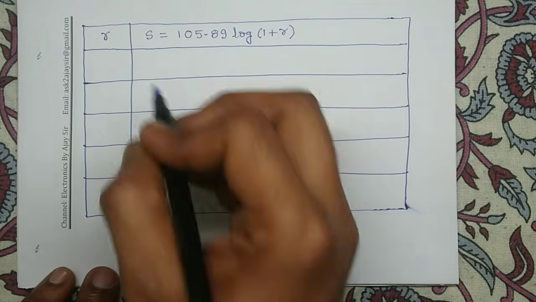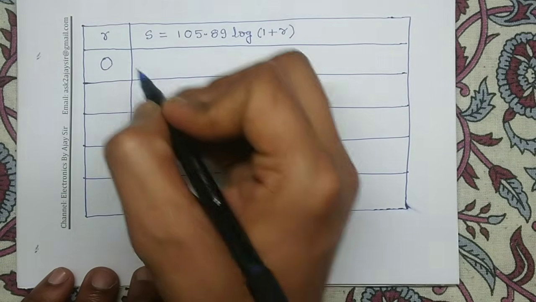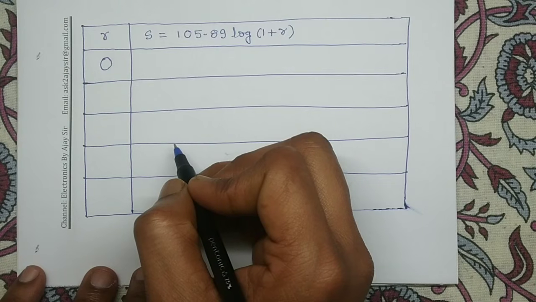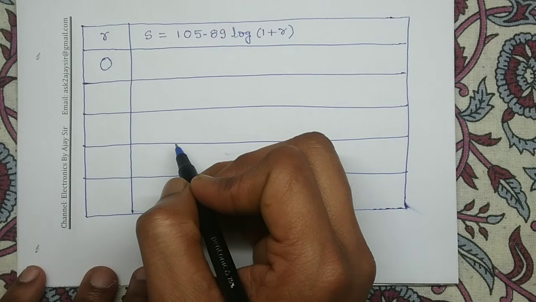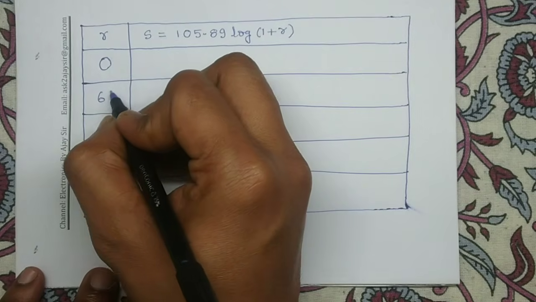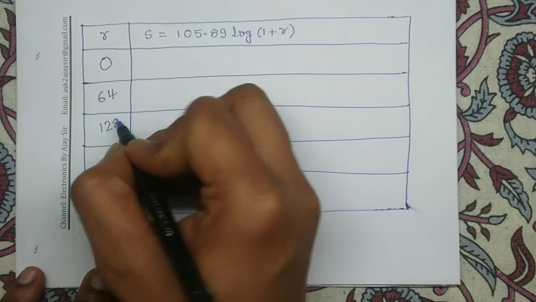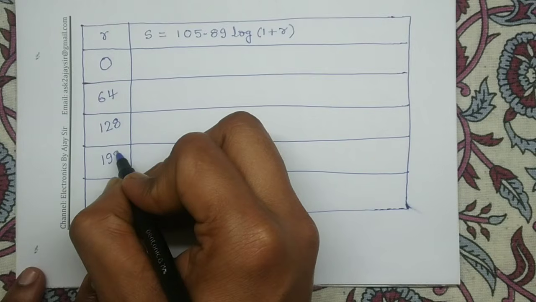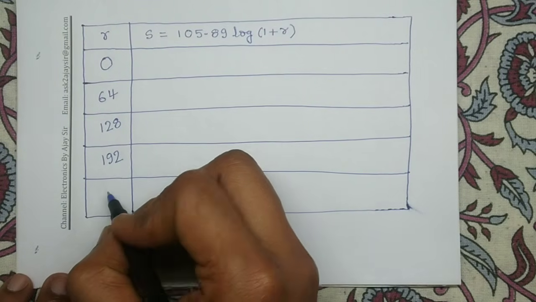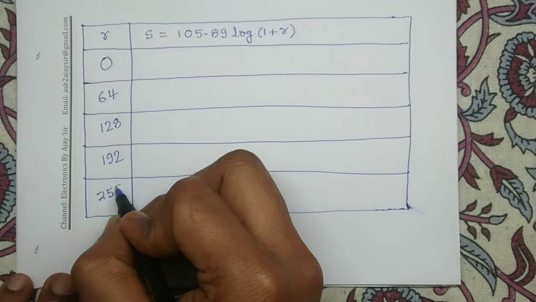Now the values of R that we will take: first it is 0. Next one is L by 4. If L equals 256, L by 4 is 64. Next L by 2, that is 128. 3L by 4, that is 192. And L minus 1, that is 255.